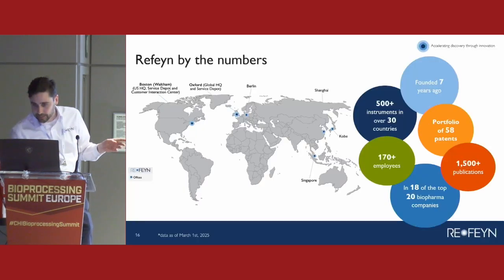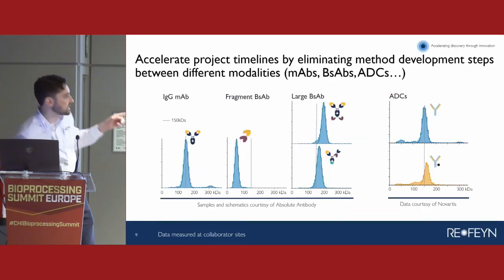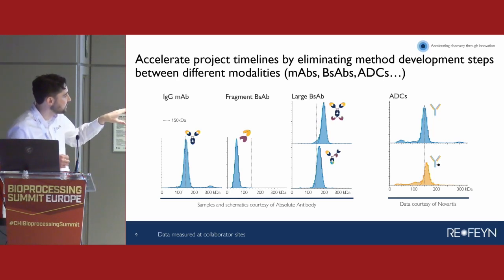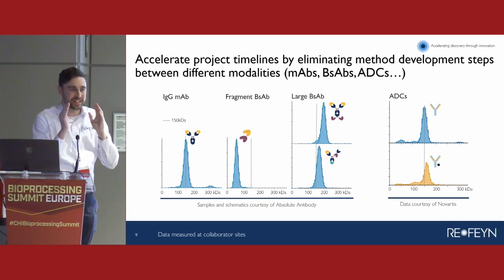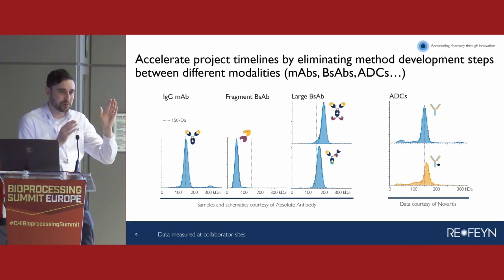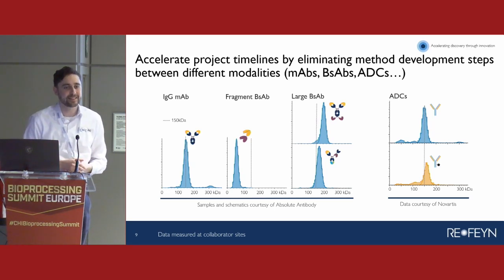But if I go back to this example here with the ADC, where the drug's conjugated on it, because we're looking at an average DAR here, you are able to see a mass shift between the product with no drug and the product with drug. So there we can go a little bit smaller than that 30 kilodaltons. Okay, thank you.